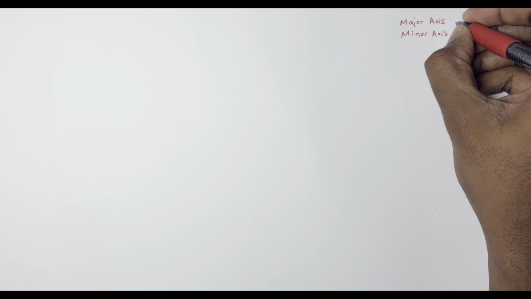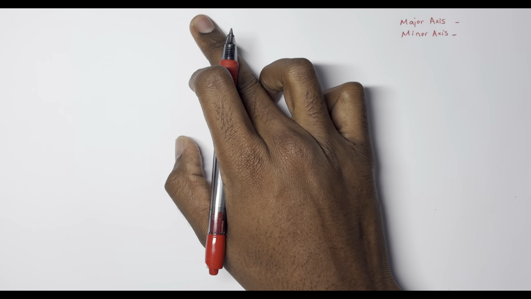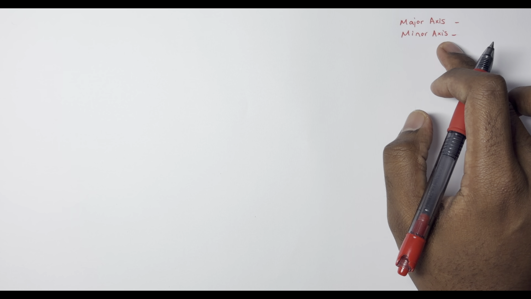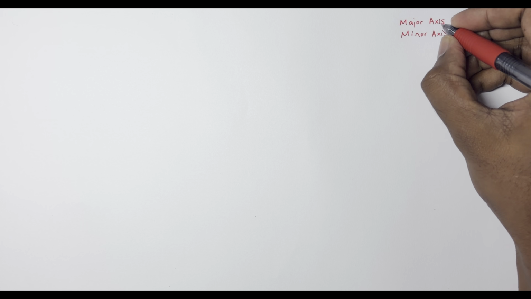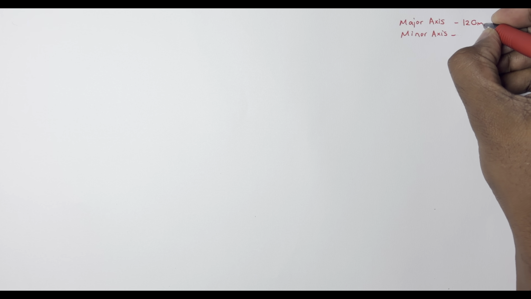So firstly, the first thing you need are your major axis and your minor axis. Sometimes it will be drawn for you, other times it will be stated. Sometimes they will give you, for example, major axis, they'll say 120 mils.